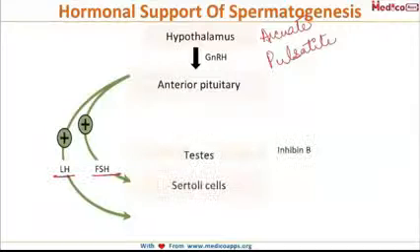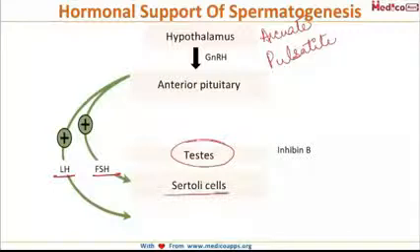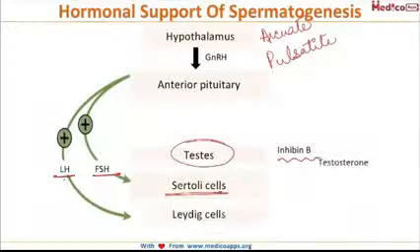Now what is the end organ for these gonadotropins? It is the testis. So this FSH has its receptor on the Sertoli cells, and so it acts on the Sertoli cells releasing Inhibin B. And the LH has its receptor on the Leydig cells, and it leads to the release of testosterone. So how do you remember this?